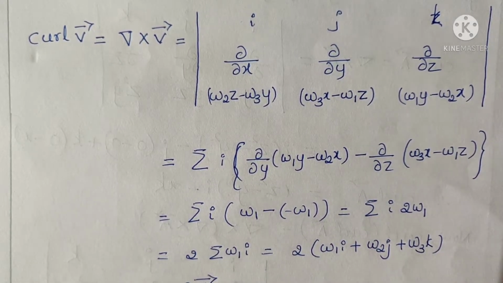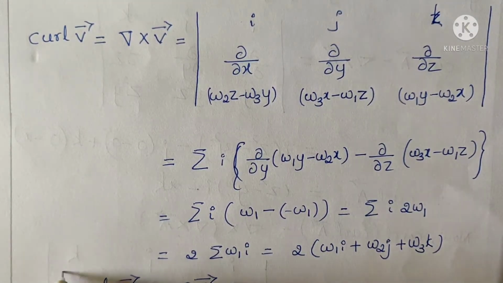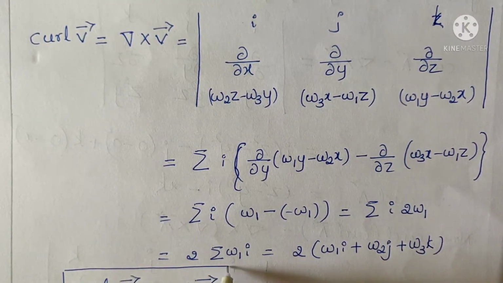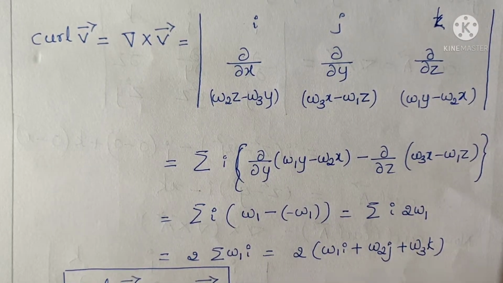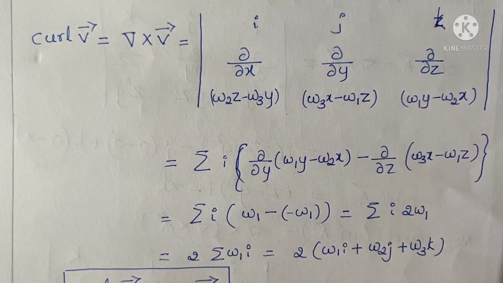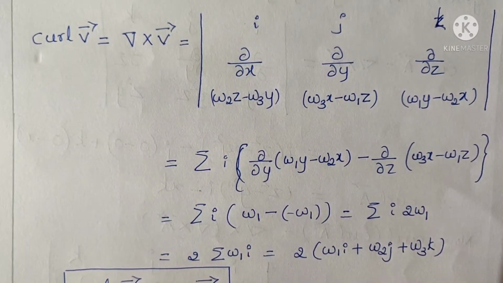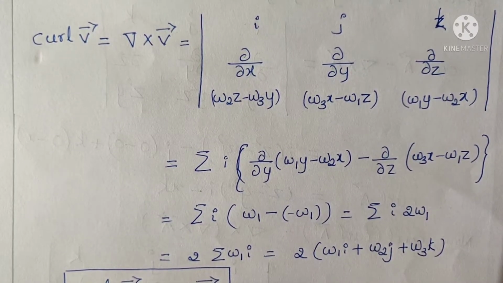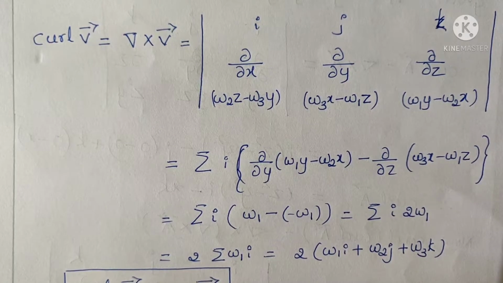So it is 2 times vector w. So curl of vector v is 2 times vector w. Or you may say vector w is equal to 1 by 2 curl of vector v.